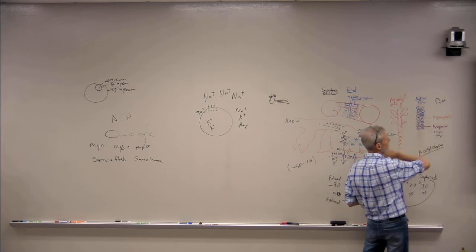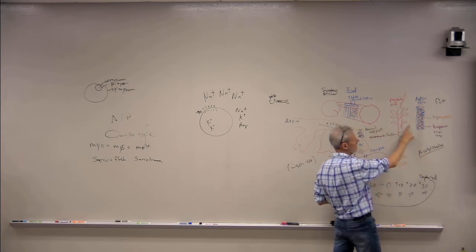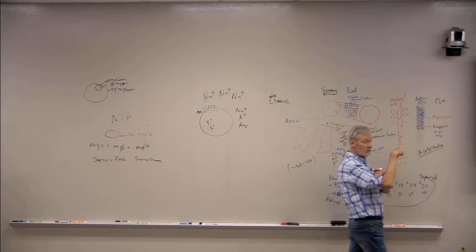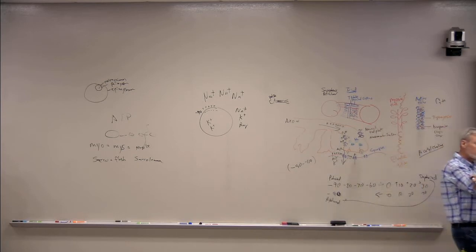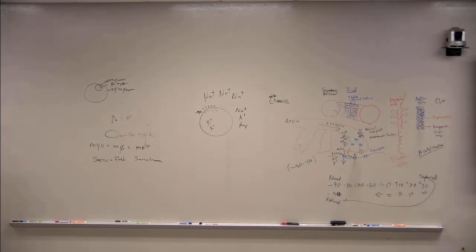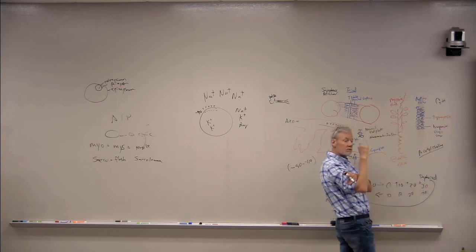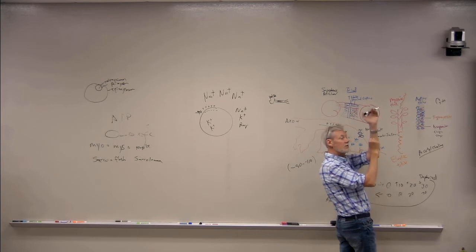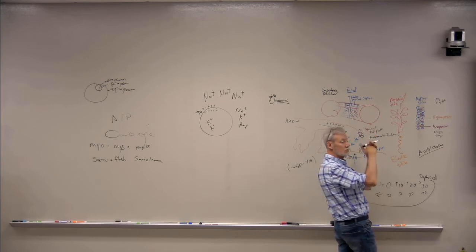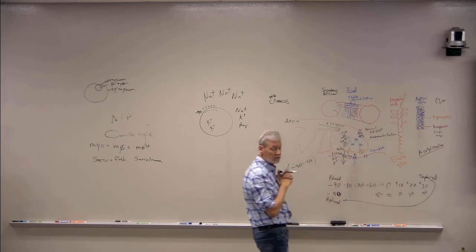The tropomyosin is pulled out of the way. ATP attaches here and you get your working stroke. Every time one of those phosphates is knocked off, generally the muscle is going to shorten.